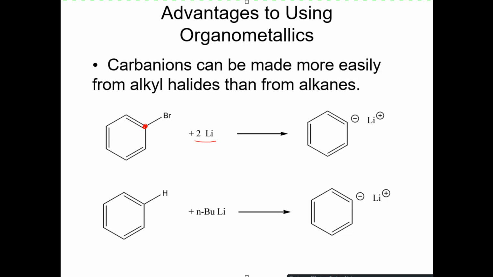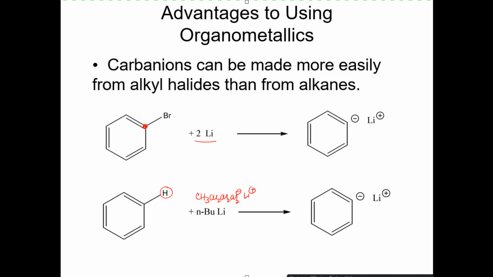It's very difficult to deprotonate the CH of a benzene ring. Something like N-butyl lithium, which was our CH3, CH2, CH2, CH2 minus, Li plus from the last slide, that actually will only deprotonate this hydrogen in certain circumstances.